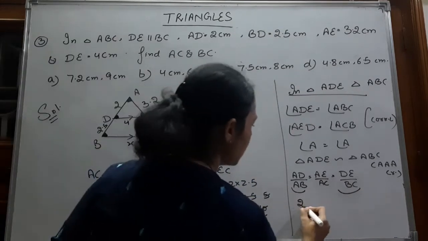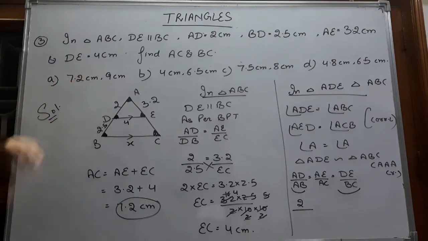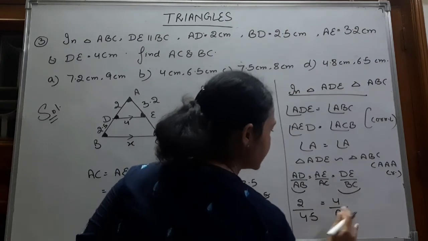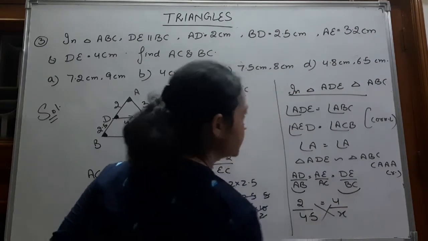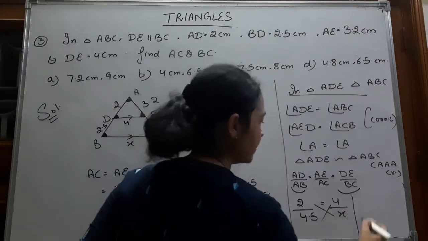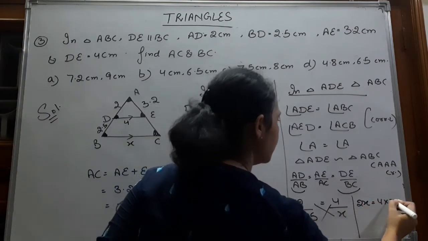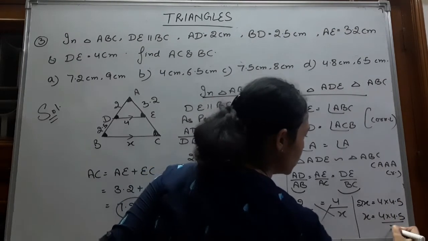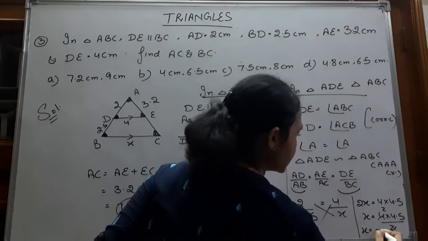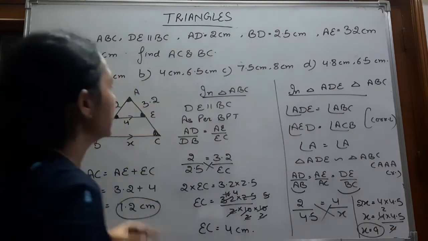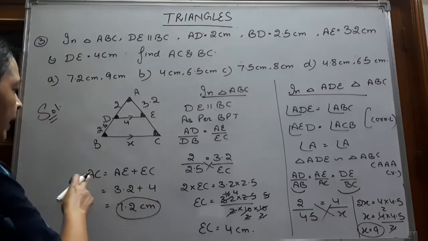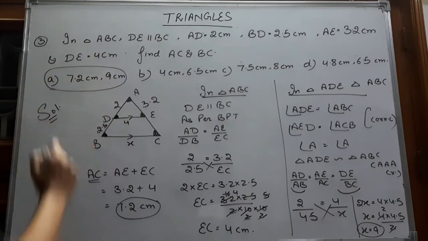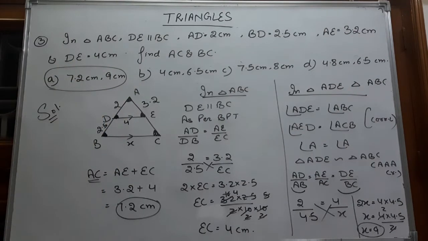AD is 2 upon AB is AD plus BD, 4.5, equals DE we have 4 and BC we have taken as X. We have to find the value of X, cross multiply. 2X equals 4 into 4.5 and X is 4 into 4.5 by 2. X is 9 centimeters. Now the value of BC is 9 centimeters and AC is 7.2. So, which is the correct option? Option A is our correct option.